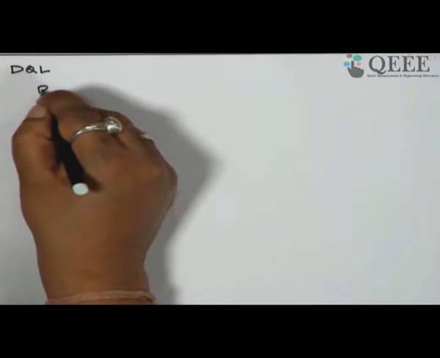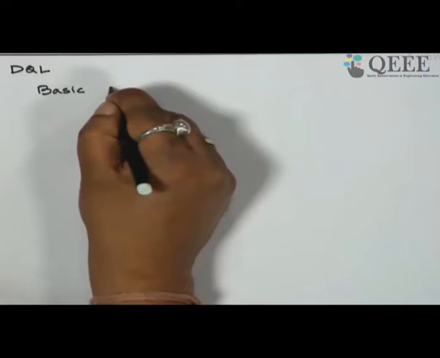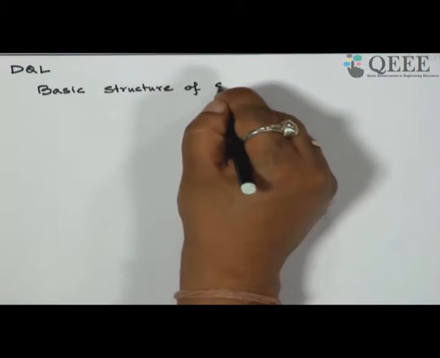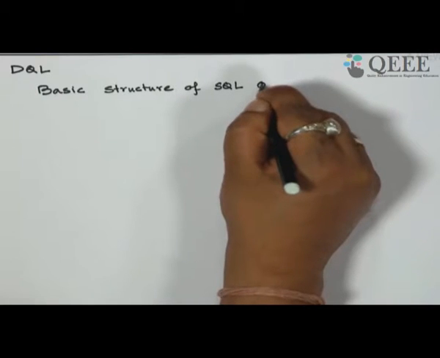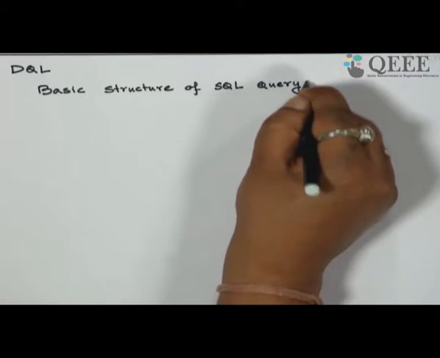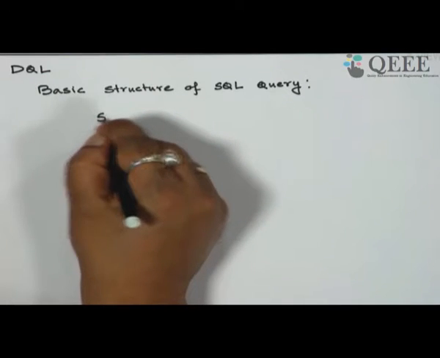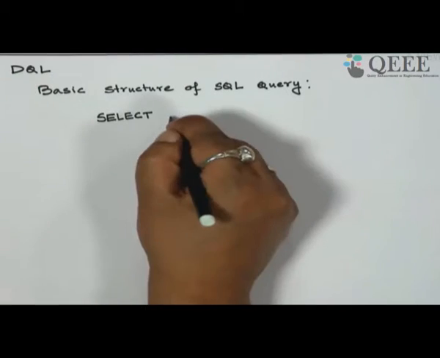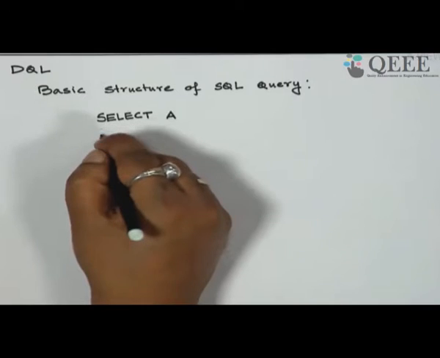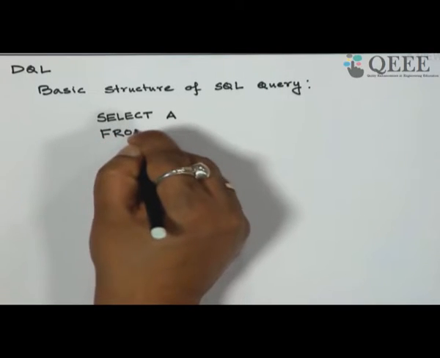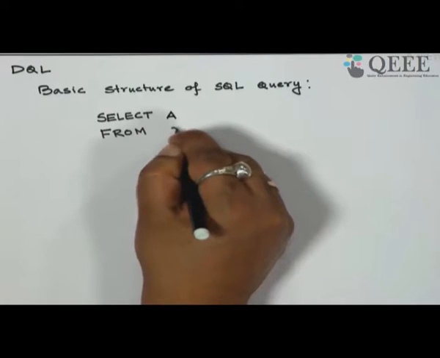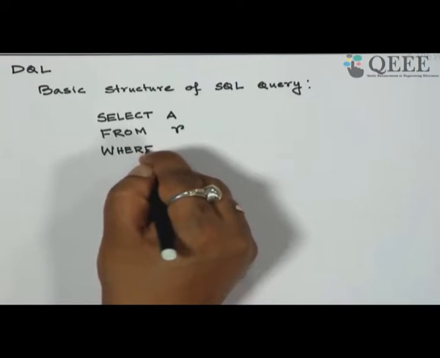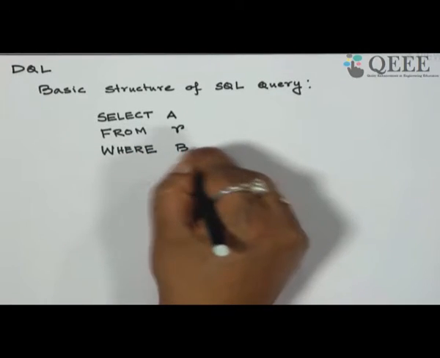So the basic structure of a SQL query is like this. Select some attribute name A from a table R, where say B greater than 1000.